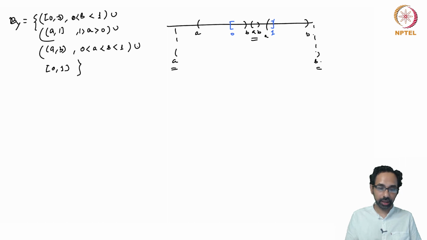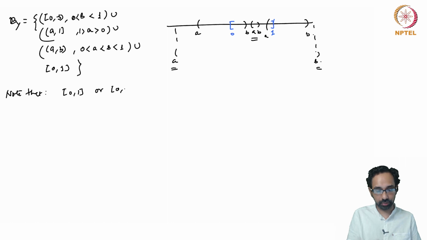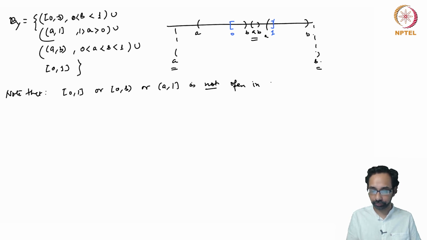Notice that there are some more open sets than the usual, because in general, note that [0, 1], or [0, b), or (a, 1] is not open in R with the standard topology, right?